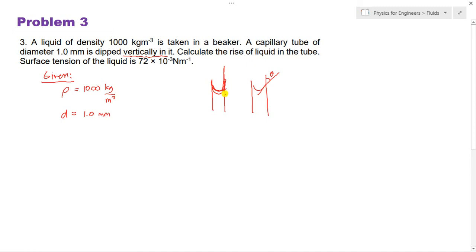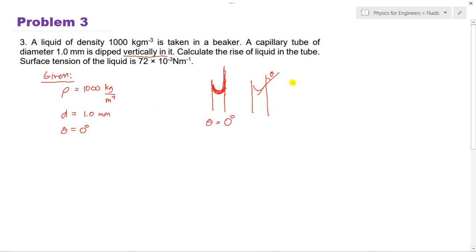Why? Because the tangent to the surface of the water is almost 90 degrees to the horizontal. So therefore, if it is dipped vertically, theta is equal to 0 degrees. Again, theta here is 0 degrees because it is dipped vertically.